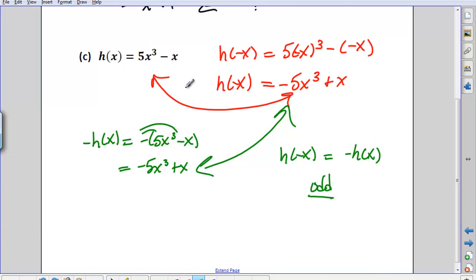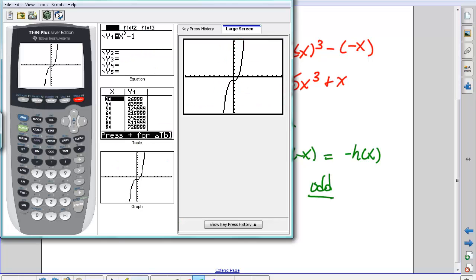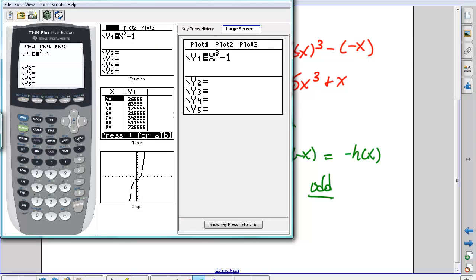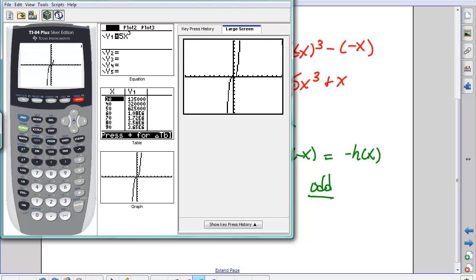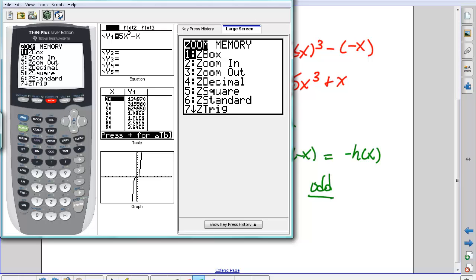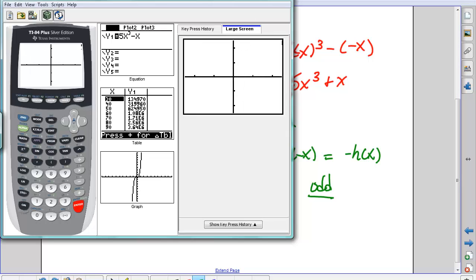And then 5x cubed minus x. Graph that real quick. And just so we can get a better picture of what's happening here, I want you to see that symmetry. I'm just going to zoom in right there on the origin. See that rotational symmetry? If you rotate this a half turn, you get the same picture. That does mean it's odd. So the symmetries are all there.